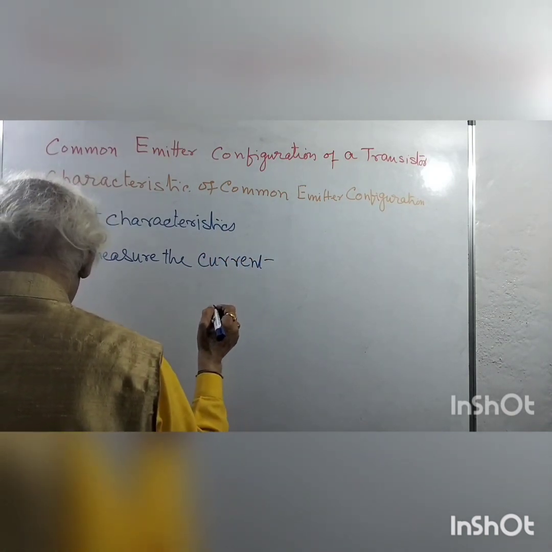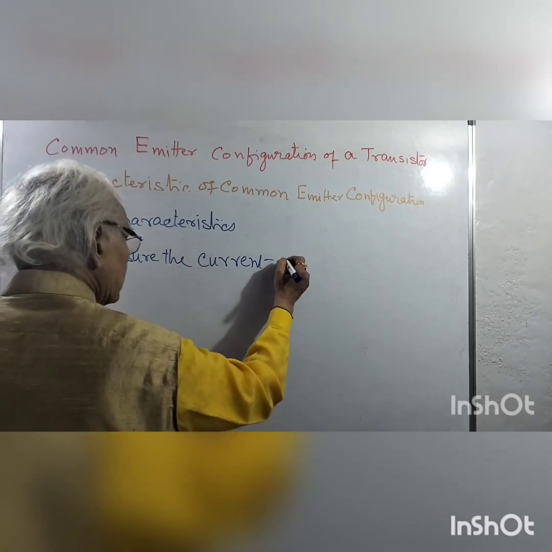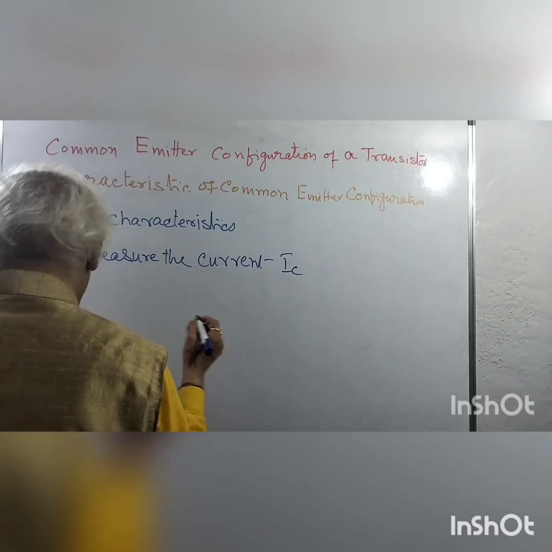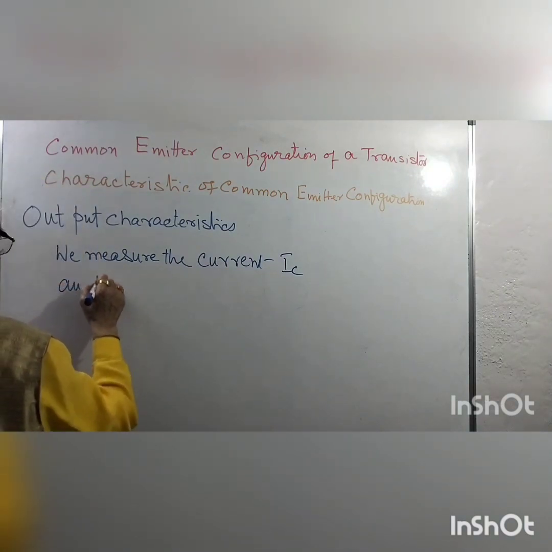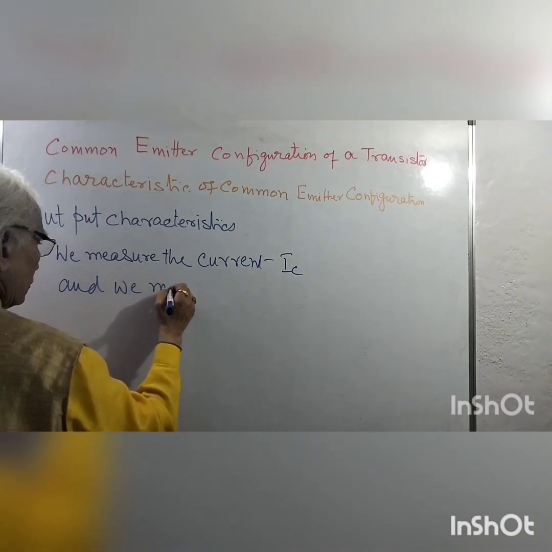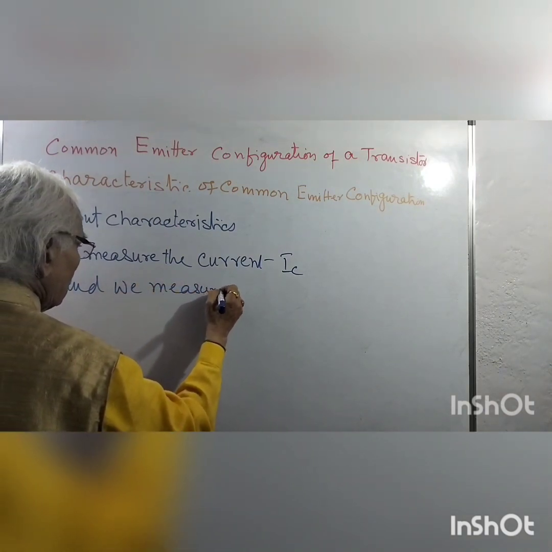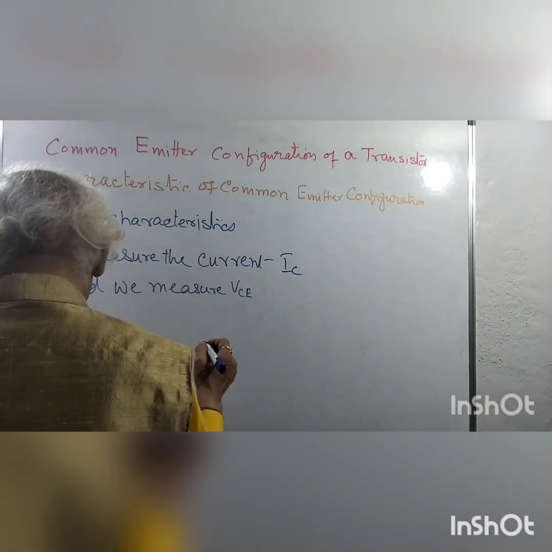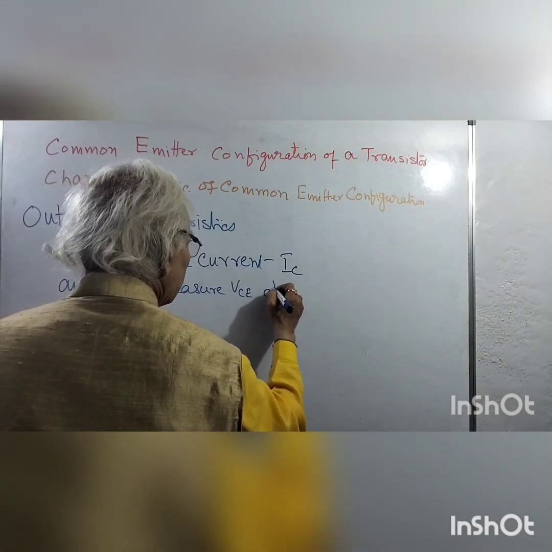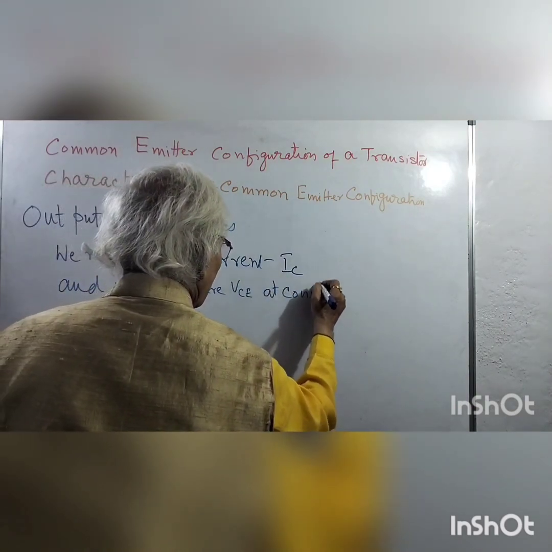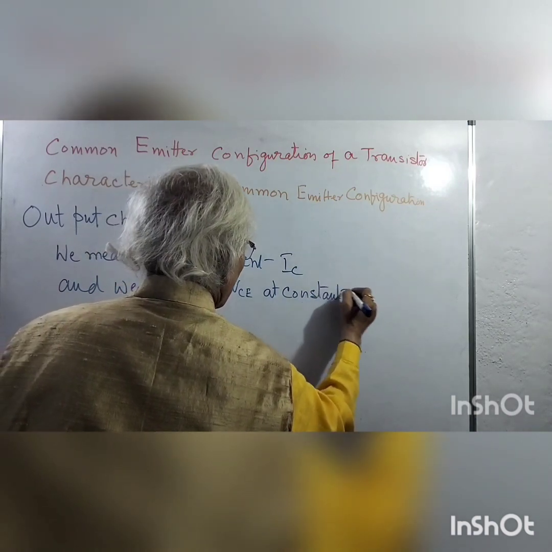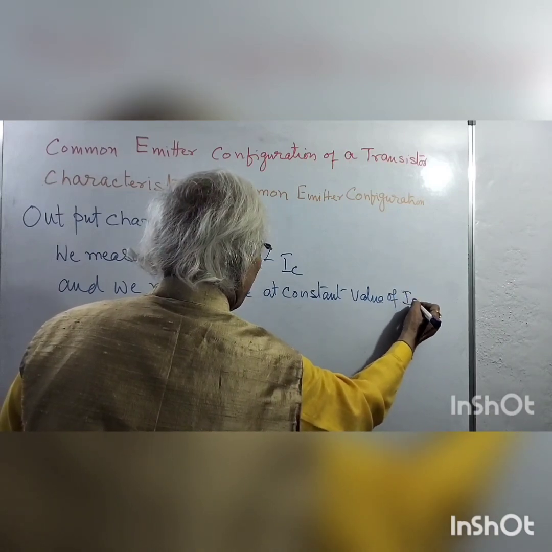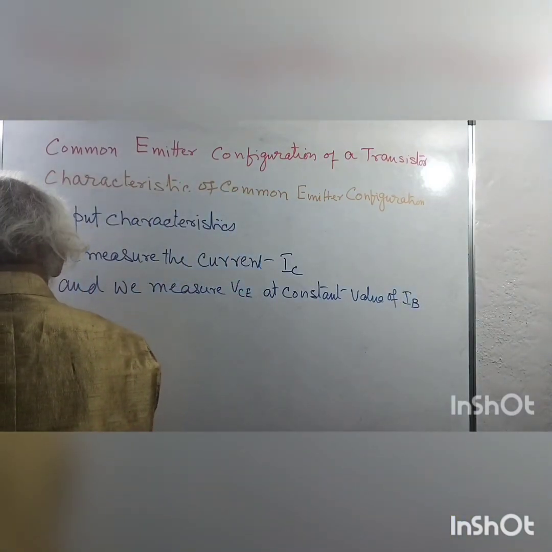What current? IC, that is collector current, and we measure VCE at constant value of IB, means base current constant, keeping base current constant, and we plot this graph.